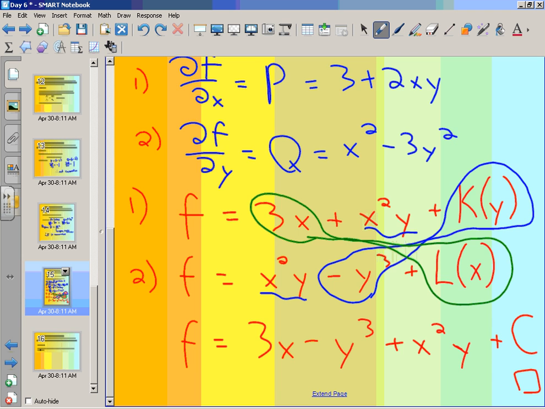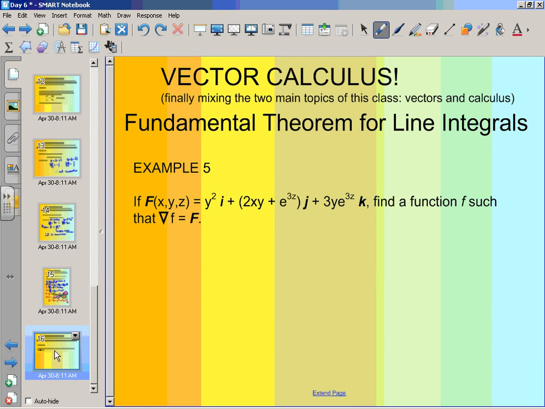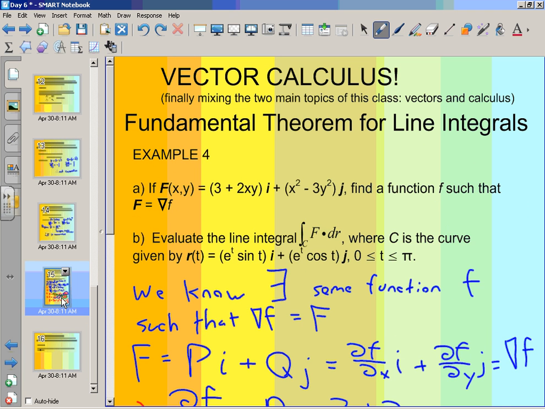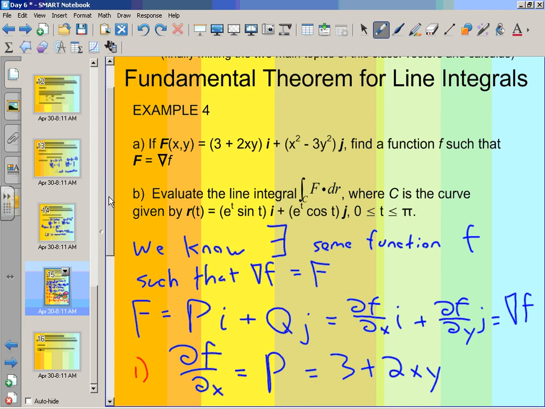Okay, let's look at one more example. Oh wait, we actually didn't finish that. Sorry. We also want to evaluate the line integral. Using this, evaluating the line integral becomes really easy.